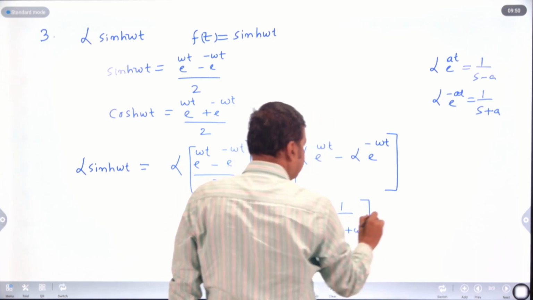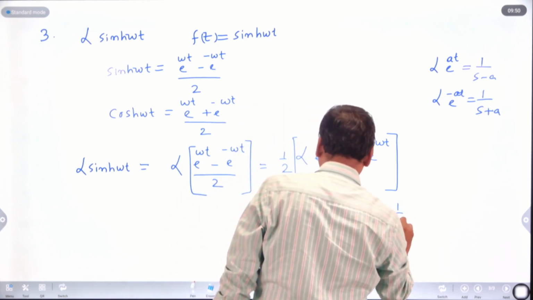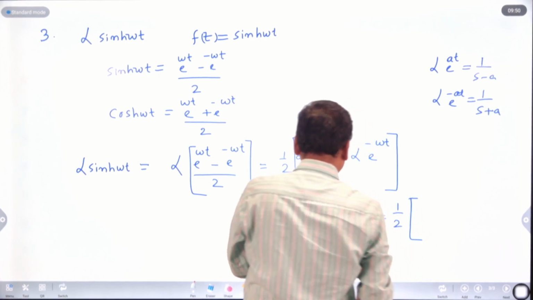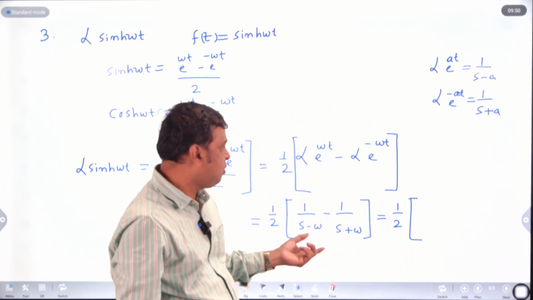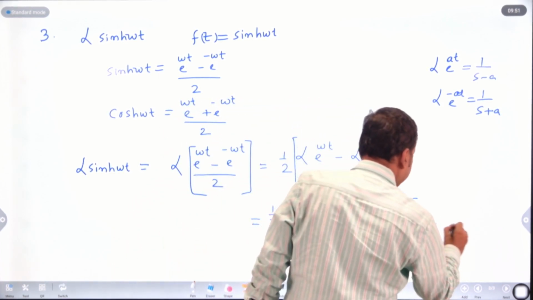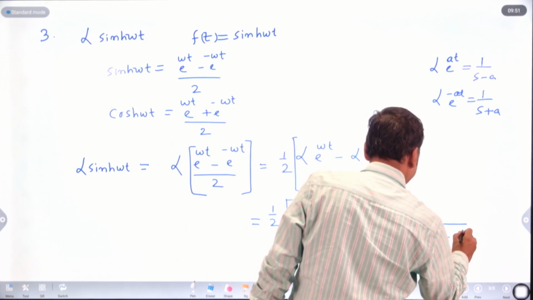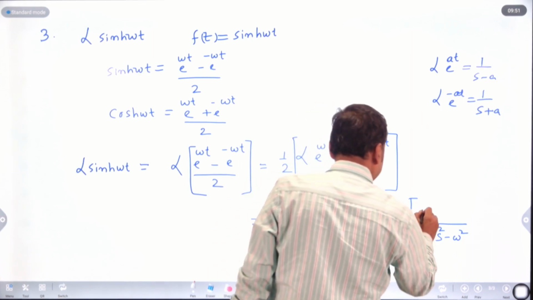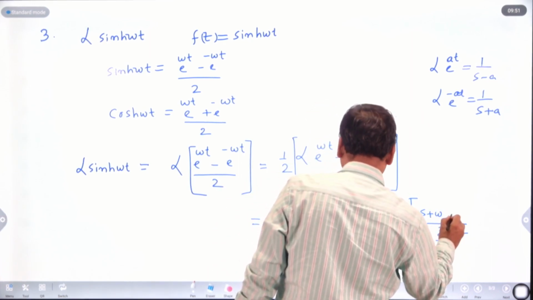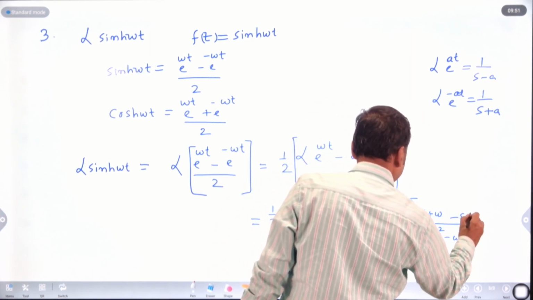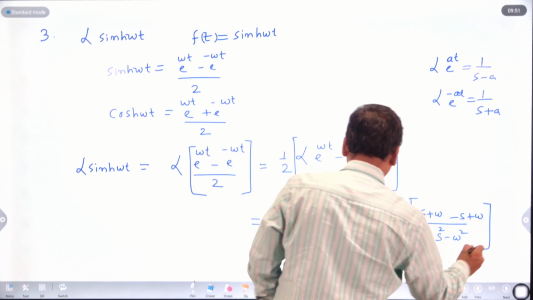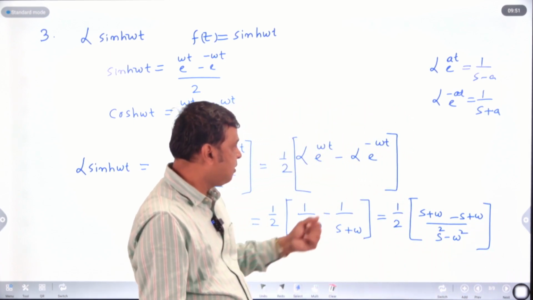And the value is how much here? That is your 1 by 2 whole into a minus b into a plus b, that is your a square minus b square. So that is your s plus omega minus s plus omega. Your LCM is nothing but s minus omega into s plus omega.